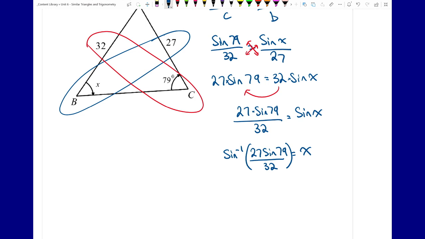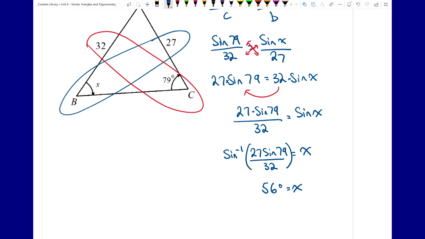Depending on your calculator and how comfortable you are, you may have to take it step by step. Multiply the top first, then divide by the bottom, and then put it into your inverse. But we should get 55.9, or this one we can probably round to 56 degrees for x.